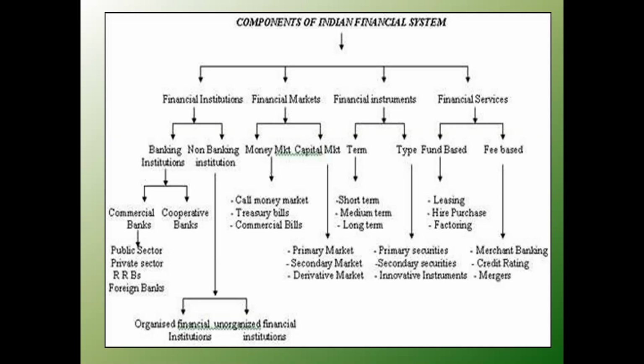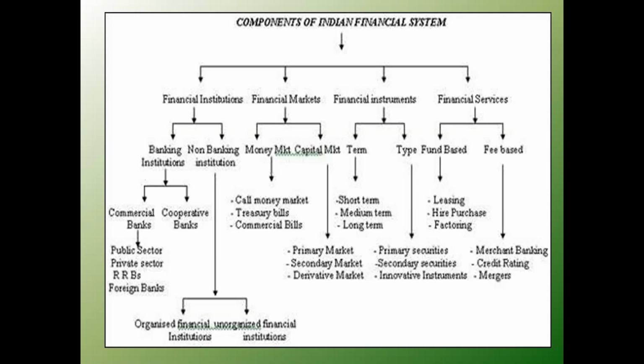in our country, India is a vast country where both organized financial institutions as well as unorganized financial institutions are present. As examples of unorganized financial institutions, we see pawnbrokers, money lenders, and also some local bankers.